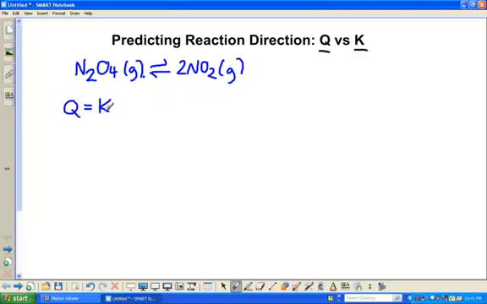If Q and K are exactly the same thing, then that must mean K has been reached, therefore the equilibrium has been reached. When Q equals K, your system is already at equilibrium. But like I said, that's a rather unlikely case that you're going to see. So let's look at the other two possibilities.